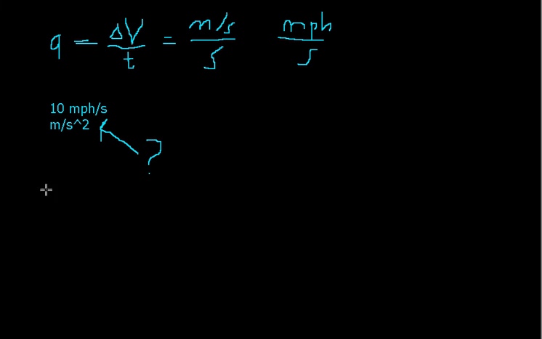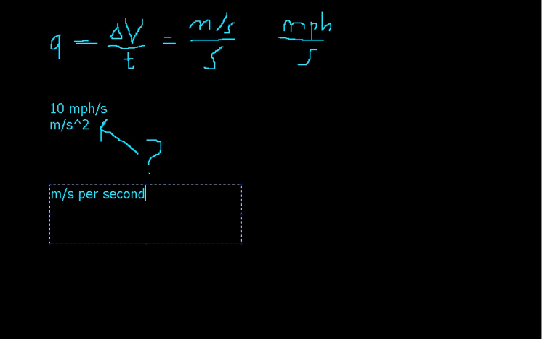Instead, say to yourself meters per second per second, because that's exactly what it is. It's the change in speed per unit time, or like miles per hour per second. If I'm going 0 to 60 in 6 seconds, then I'm changing my miles per hour by some amount every 1 second.